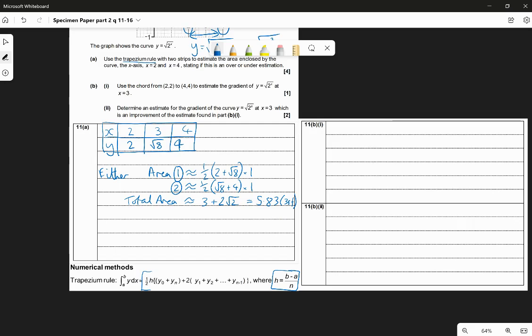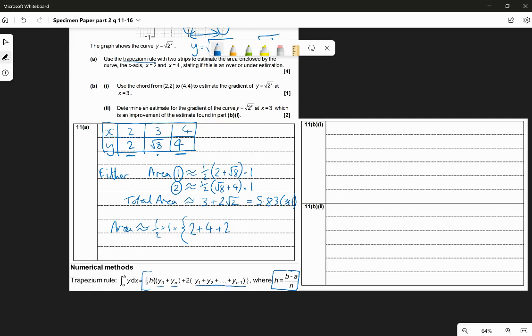So using the trapezium rule, the area is approximately half times 1 multiplied by, and then in big brackets, y0 and yn are the end y values. So here the end y values are 2 and 4. So 2 plus 4. And then added to 2 lots of any other y value we have.